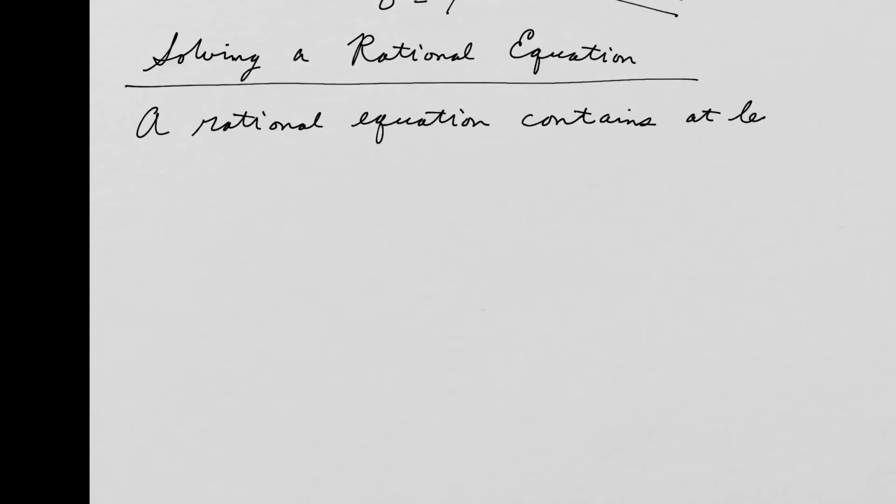So a rational equation is basically just an equation that contains at least one rational expression.